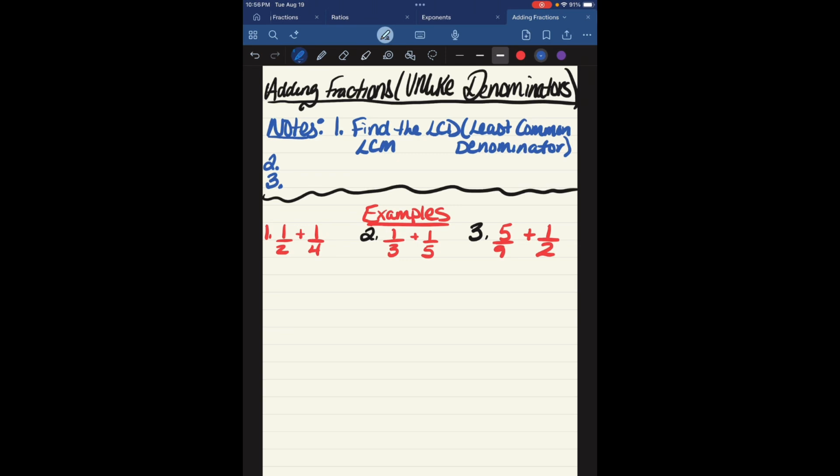So if you see either one of those two, they're really nearly identical, okay? Second step, rewrite the fractions. And last but not least, the last step, you add the numerators.